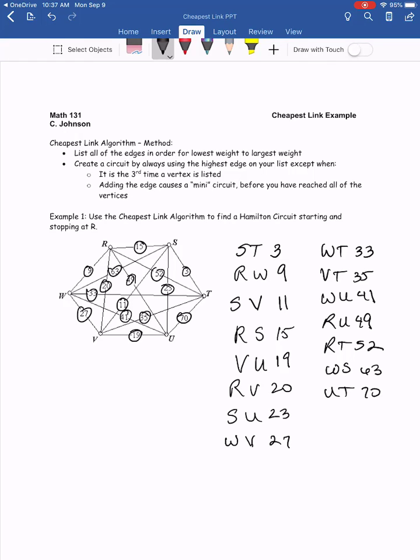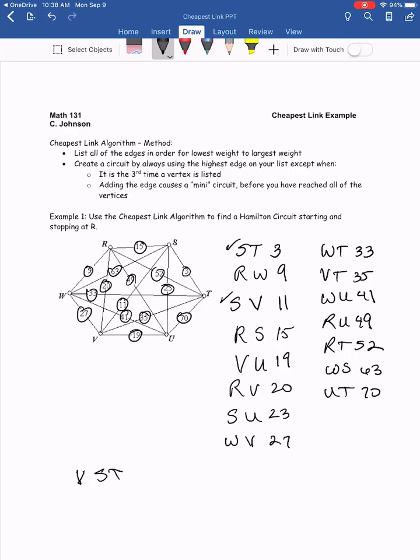So we have the list of all of our edges from lowest to highest, and I'm going to start again at the top of the list. And so I definitely want to use the ST, and the next one down is going to be SV. So we have ST and then VS. And so I have used ST and I've used SV.